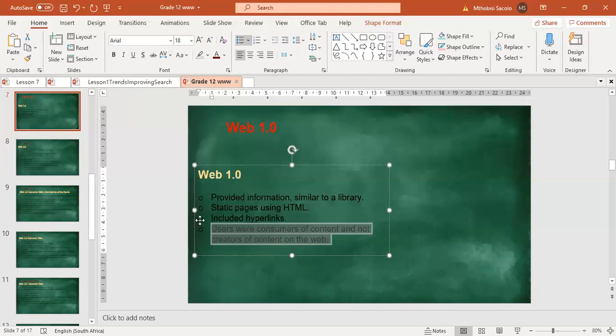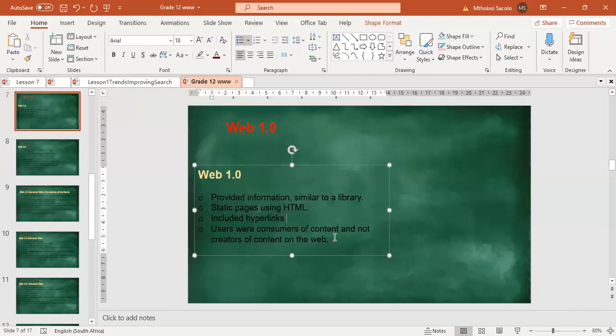So that is the static website we're talking about here. All the websites in web 1.0 were static, and their pages can be compared to a library.